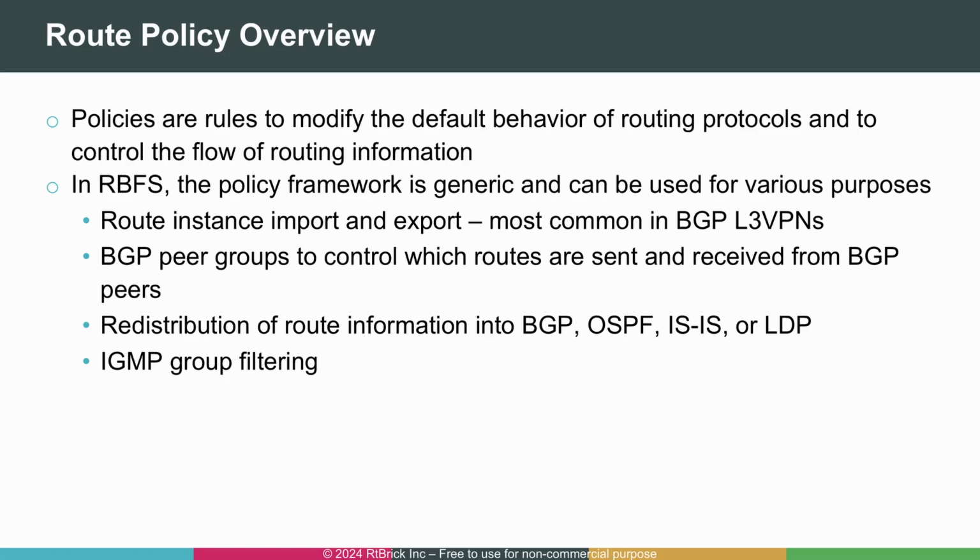They can also manipulate attributes to influence upstream or downstream traffic engineering. When routes are redistributed between different protocols, for instance, from static routes into OSPF or BGP, policies define which routes qualify for redistribution and how they are transformed. Policies can filter multicast group memberships, improving control over group access and traffic propagation.